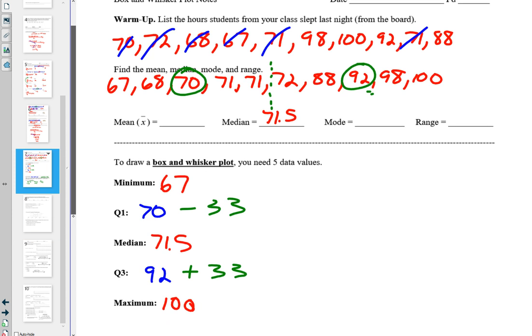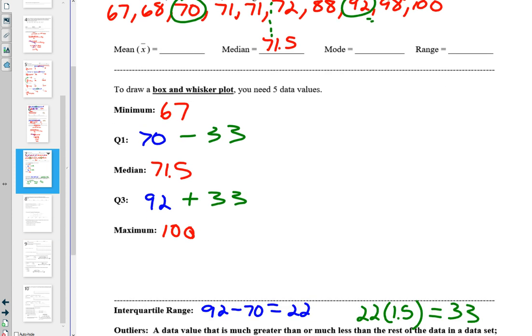Okay. So let's draw the box and whisker plot then. This might not be perfectly the scale, but what goes on the edges of the box? Yeah, the quartile. So let this be 70 and let this be 92. The median goes in the middle, so to try to make it as accurate as possible, it's 71.5.